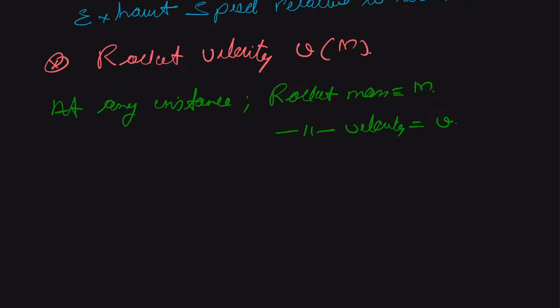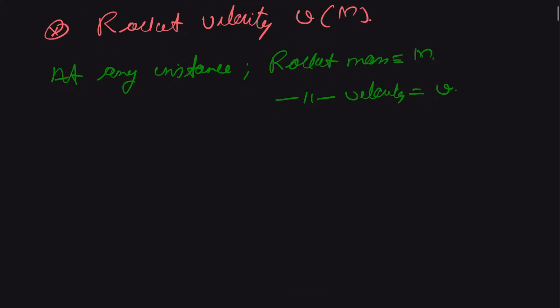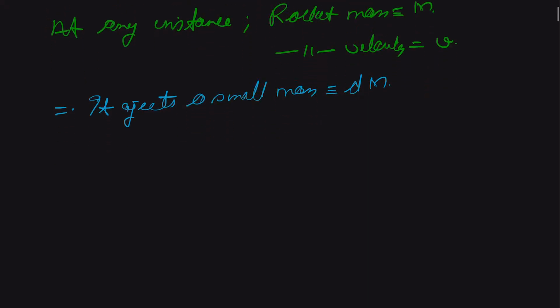And for the sake of convenience, let us assume that it ejects a small mass, and let us suppose that mass is our dm. And let's find out our momentum before the ejection of this small mass. Okay.